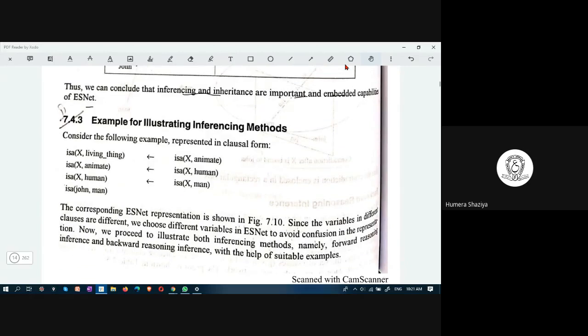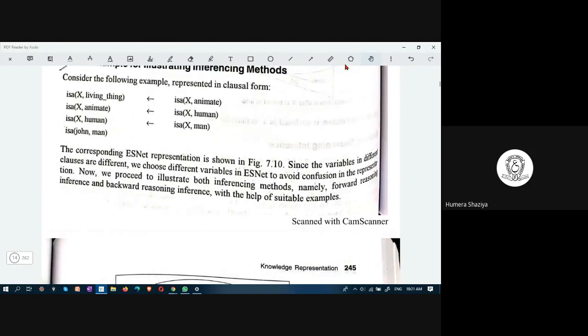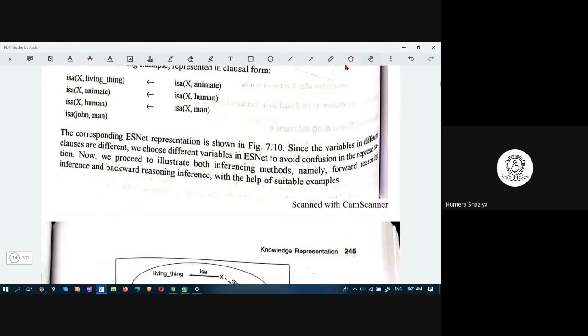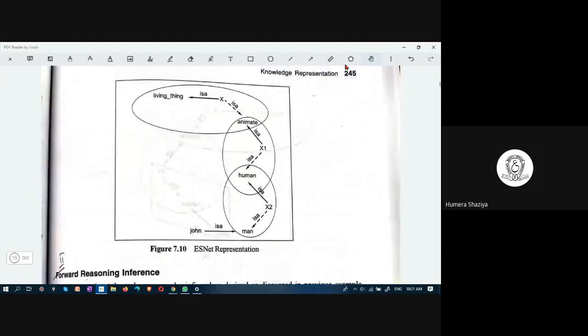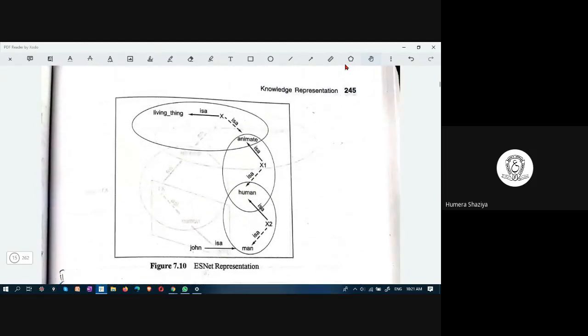All right, and here this figure number 7.10, that is ESNet representation, extended semantic net representation. We see here X is a living thing, is a animate.